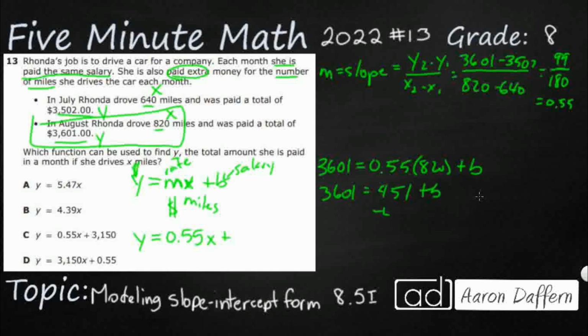Let's take away 451 from each side of our equation, and we are going to get 3150 equals b. So now I can say 3150 is going to be my y-intercept. That's the base salary. So my answer is C.